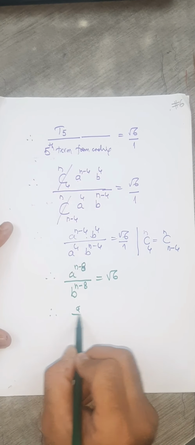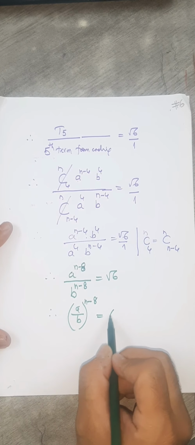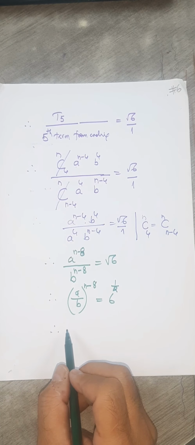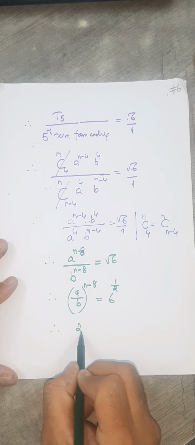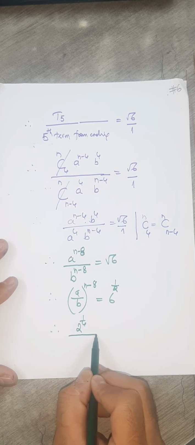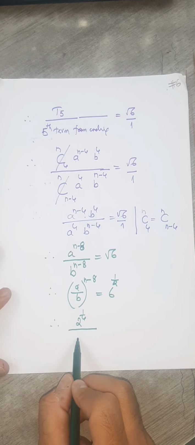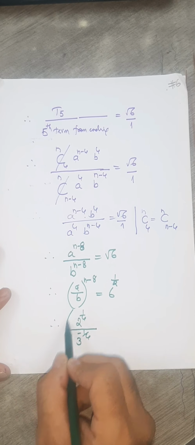Therefore, you can write (a by b) the whole raised to n minus 8 equals 6 raised to half. Now what is a by b? Look at that question. What is a? 2 raised to 1 by 4. What is b here? b is 3 raised to minus 1 by 4.